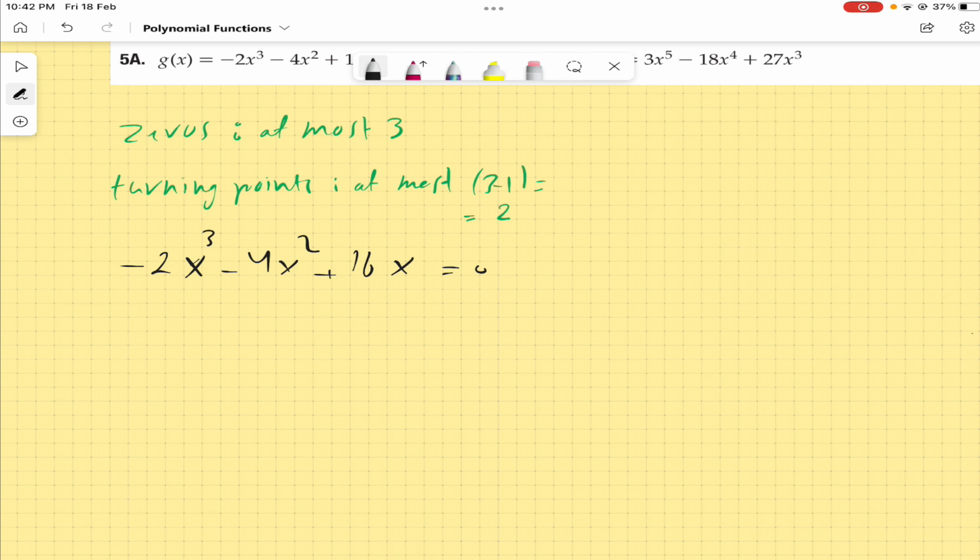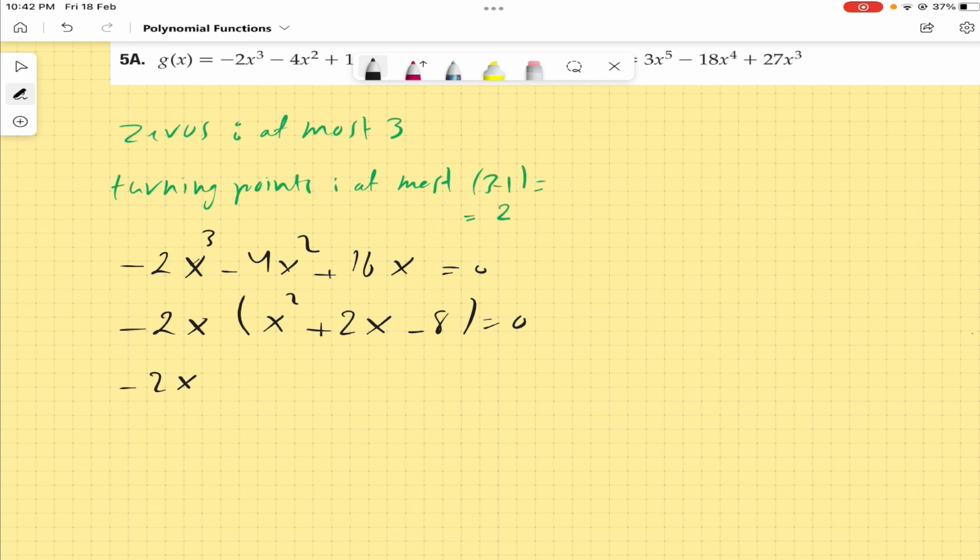To factor it, the greatest common factor is negative 2x. Open bracket to see what's left. Negative 2x^3 divided by negative 2x is x to the power of 2, and then plus 2x, and then minus 8 equal to 0.